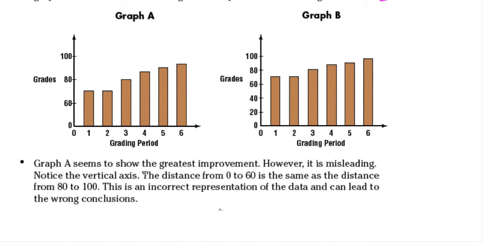Graph A seems to show the greatest improvement. However, it is misleading. Notice the vertical axis. This distance from 0 to 60 is the same as the distance from 80 to 100.